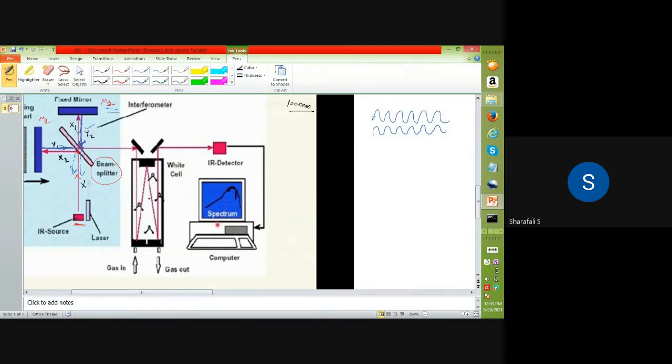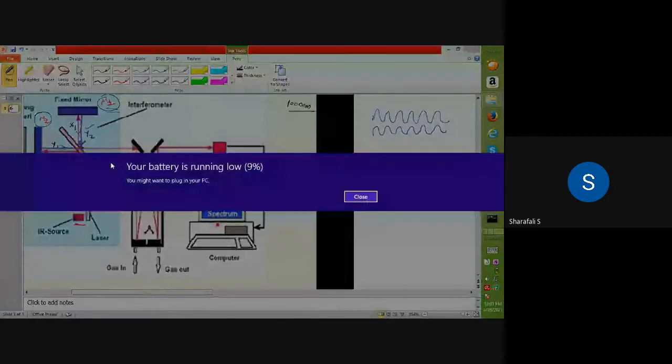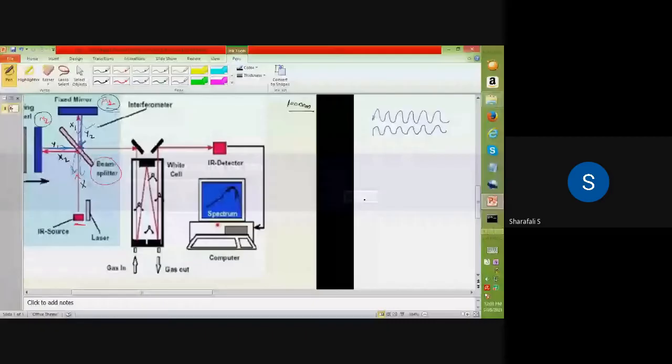If these mirrors are adjusted in such a way that the distance covered by Y1 and Y2 from that intercepting point towards the mirror is constant, say the distance between the beam splitter and M1 and between the beam splitter and M2 are the same, then when they are reflected back, they will be in phase.